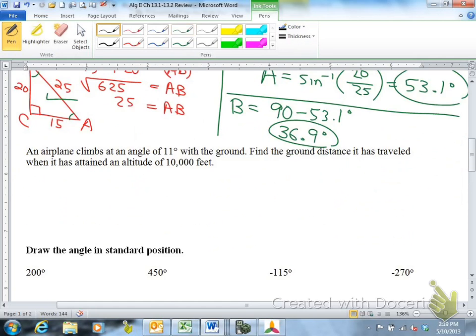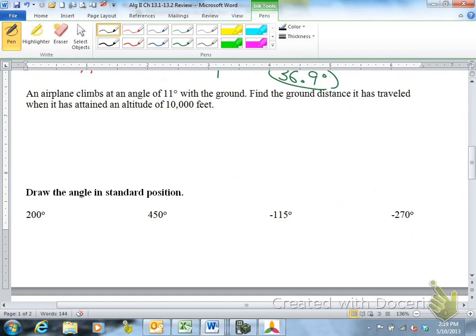The next one says an airplane climbs at an angle of 11 degrees with the ground. Find the ground distance traveled when it's attained an altitude of 10,000 feet. So you have the ground right here. Airplane is flying at 11 degrees. Here's my fancy airplane. The altitude is 10,000 feet.